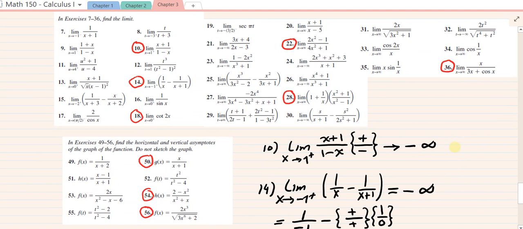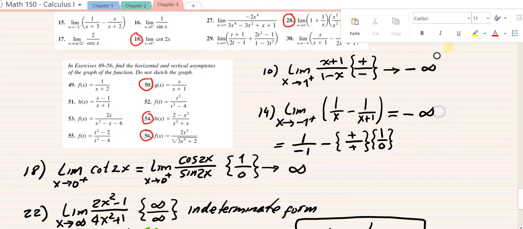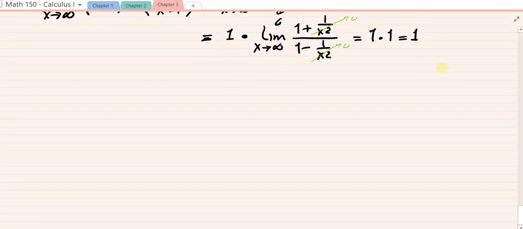The limit of the trig function x over 3x plus cos x. In number 36, the limit as x approaches infinity of x divided by 3x plus cos x.